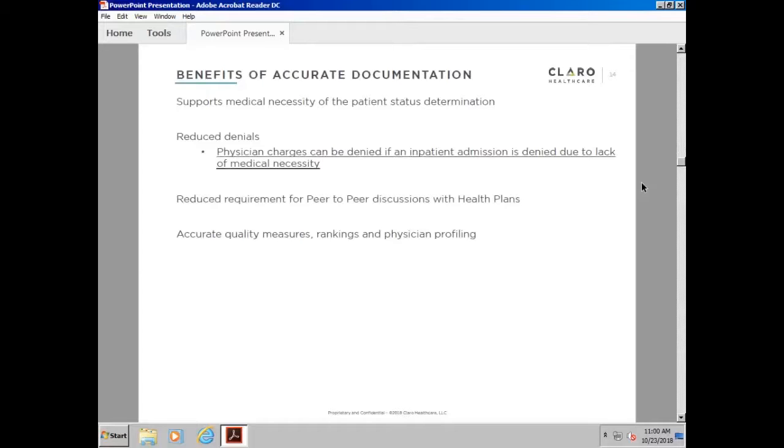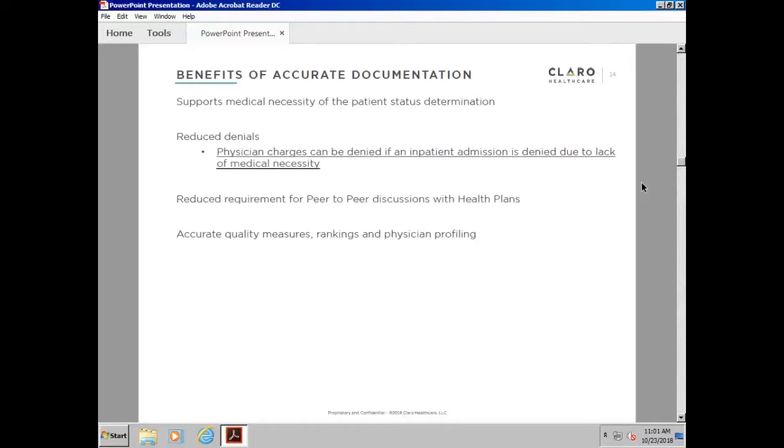We need to support that medical necessity and that patient's determination, and that's the benefit that we see from accurate documentation. It definitely reduces denials, because when an inpatient or even observation status is denied, that physician's E&M can be denied. So the status is important for even what they're coding for their professional billing.